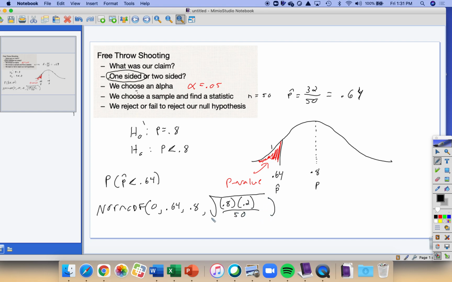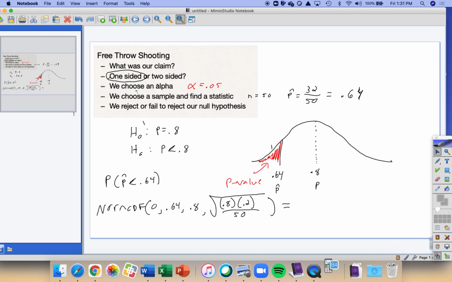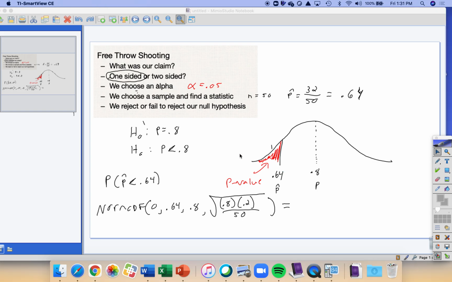This is the real p-value. The p-value that we found in our simulation will be close to this, but it won't be the actual p-value. So let's go ahead and use normal CDF and see if we can come up with a true p-value here.